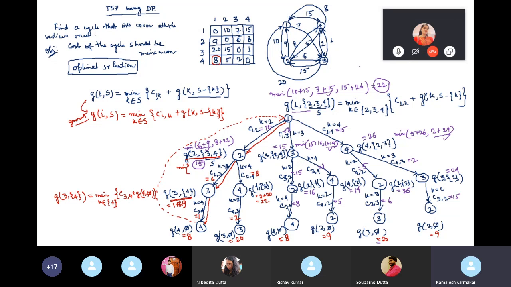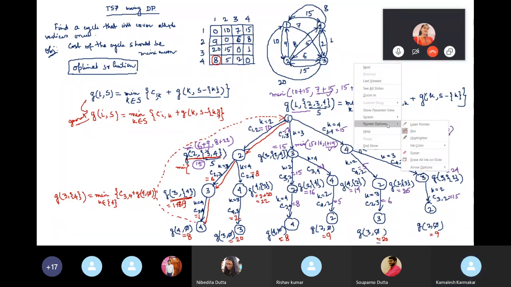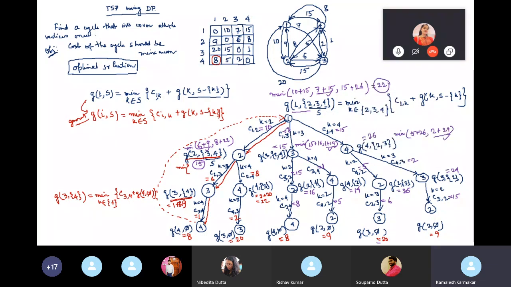Now, in which path is this cost being achieved? The minimum value is 22, so what will be the path from 22? 22 minus 10, what is the value?